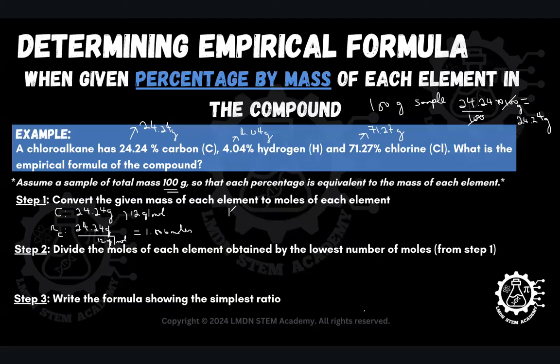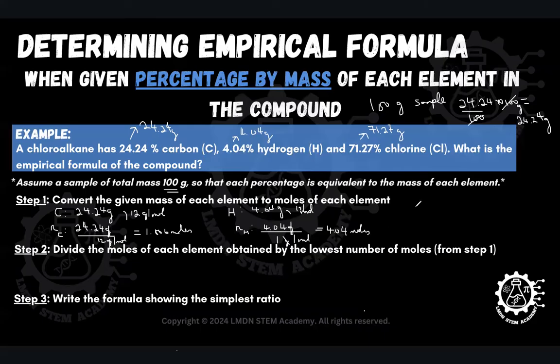For hydrogen, we do a similar thing where the mass is 4.04 grams, and we know the molar mass is 1 gram per mole. So the number of moles is 4.04 grams divided by 1 gram per mole. The grams cancel, the mole unit comes up top, and we're left with 4.04 moles.